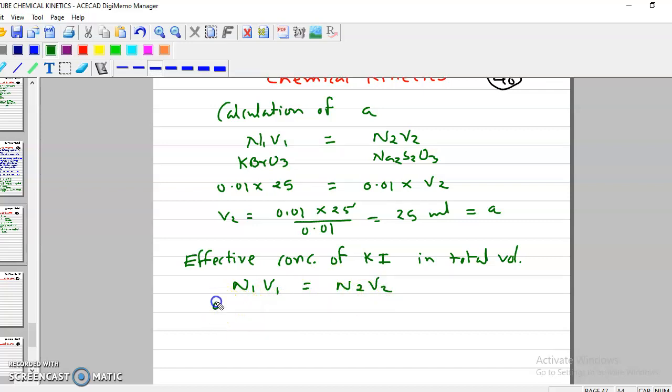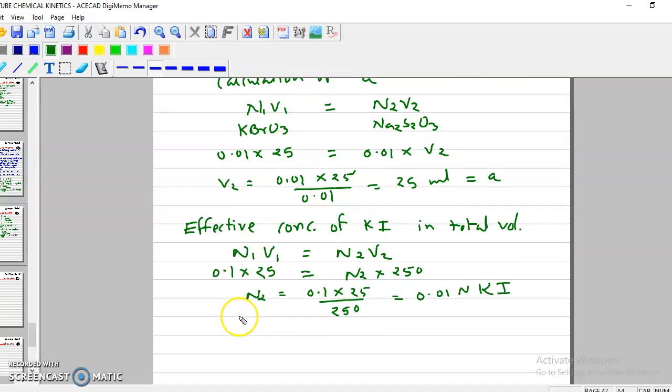We are taking 0.1 normal KI and 25 ml of KI, which is equal to N2 into total volume 250. So again, N2 will be 0.1 into 25 upon 250, that is 0.01 normal KI. This is the effective concentration of KI.